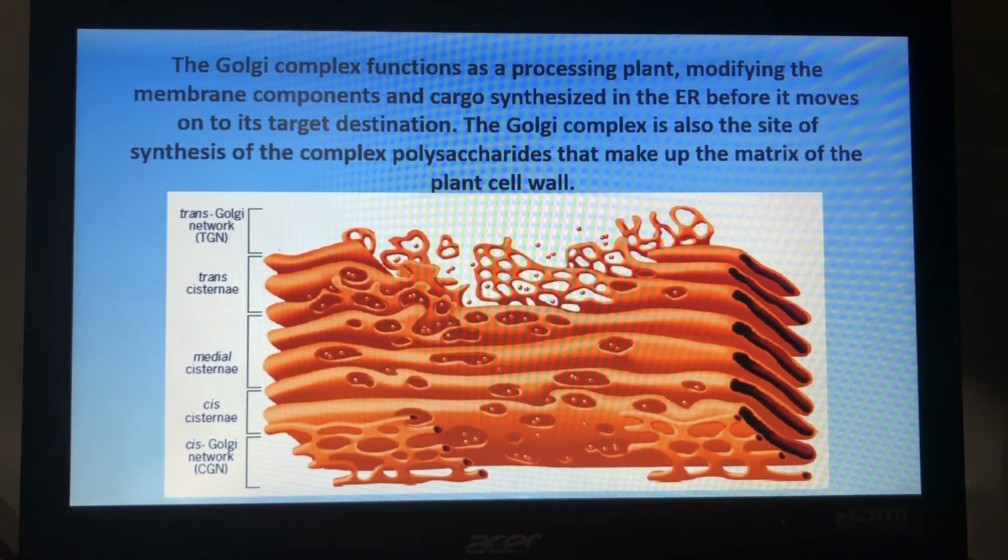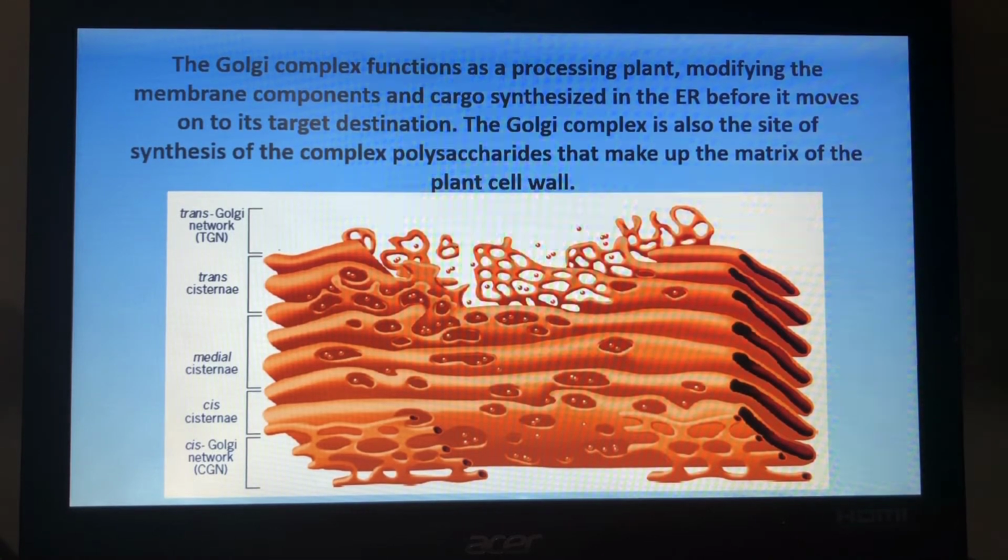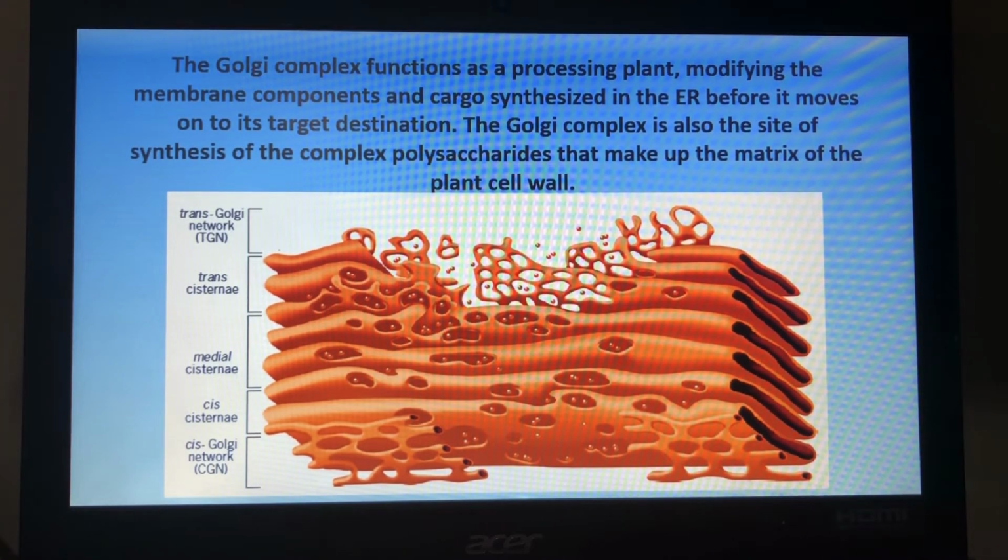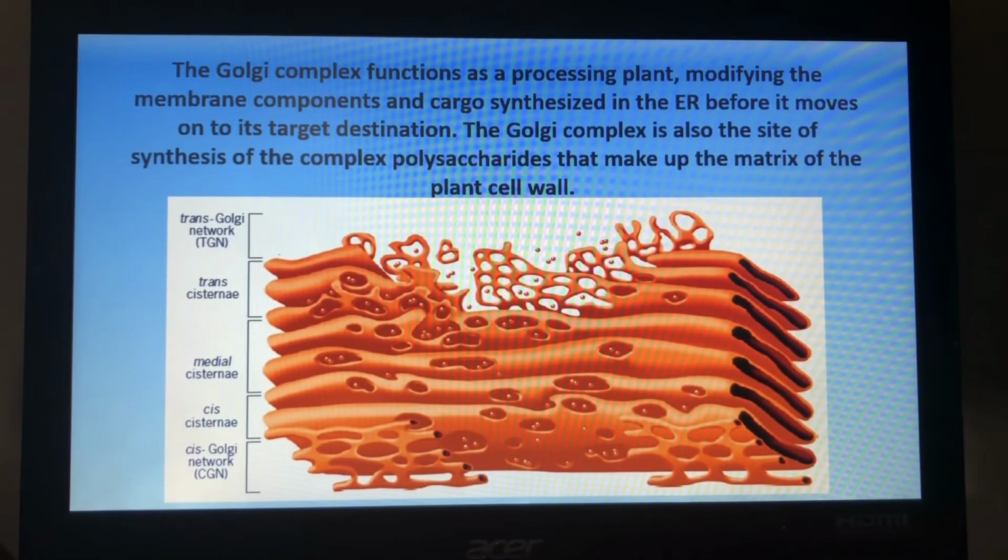As they traverse the stack, sugars are added to the oligosaccharide chains by glycosyltransferases located in particular Golgi cisternae. Once the proteins reach the trans-Golgi network, or the TGN, at the end of the stack, they are ready to be sorted and targeted for delivery to their ultimate cellular or extracellular destination.